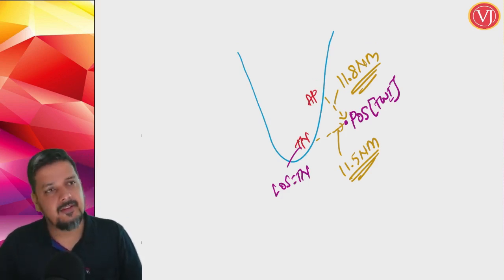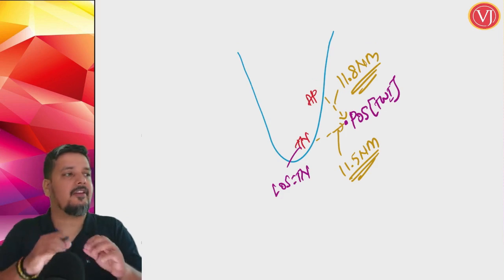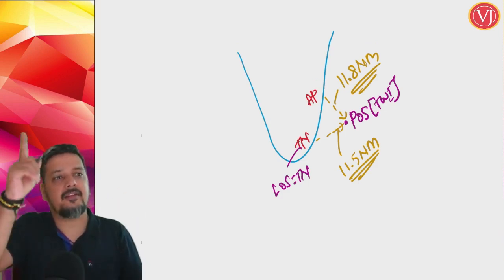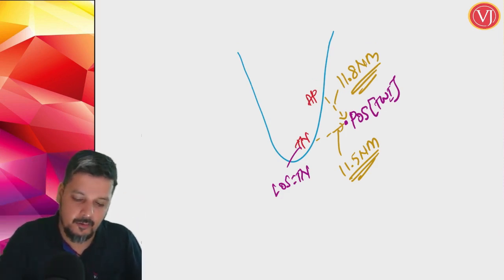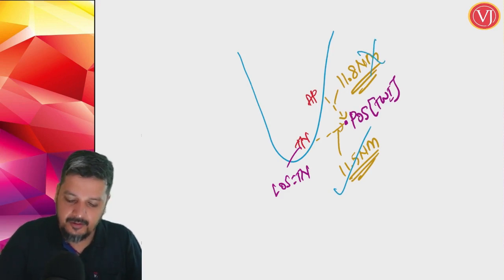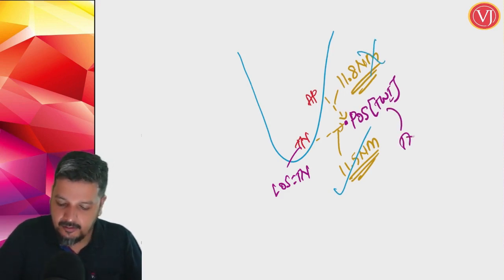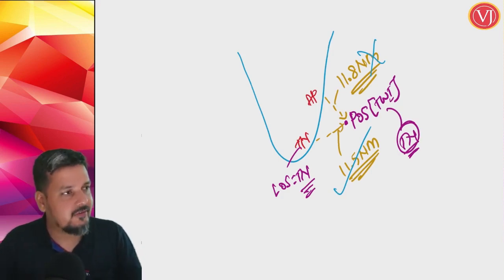So every state will give the shortest distance, and you select the lowest among those. In this case, what is the lowest? 11.5. So what will be the place of supply? Tamil Nadu. LOS Tamil Nadu, POS Tamil Nadu, CGST, SGST.